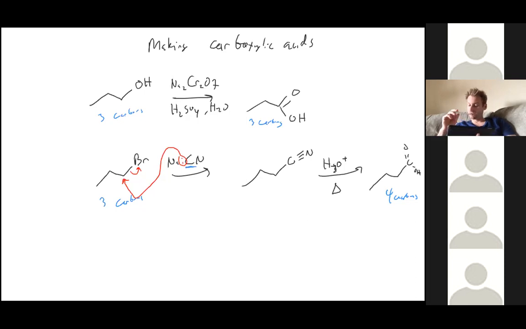The other way we can do this is through a Grignard. So taking the same starting material with added magnesium, it'll turn this into a Grignard. And then throwing in CO2 followed by water.